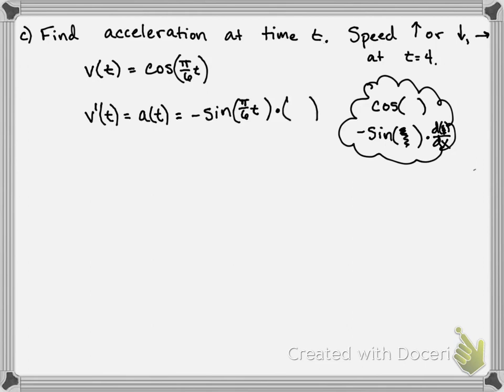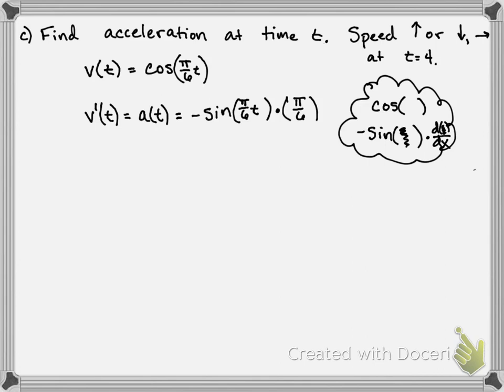So what's the derivative of the inside of that function? Pi over 6 times t. If it was just 6t, what would you say? The derivative of 6t would just be 6. So since it's pi over 6, it's just pi over 6. It's just a constant.